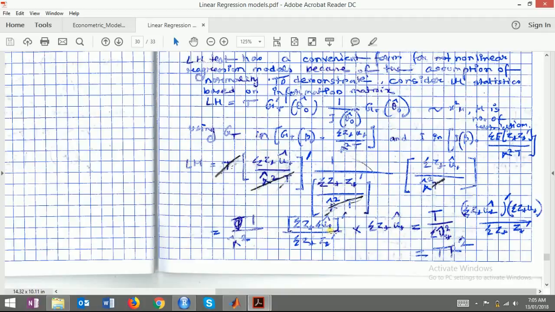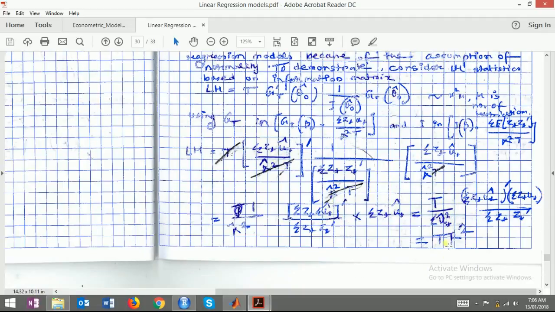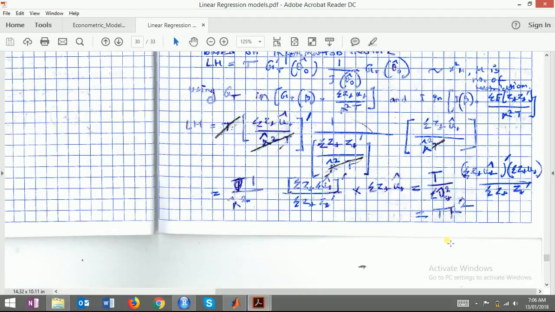U_T transpose U_T becomes U square. So 1 by sigma square is T by U square, because sigma square equals the summation of U square by T. Replace that, and the next part remains the same. So we have T R square, which is the LM test statistic.